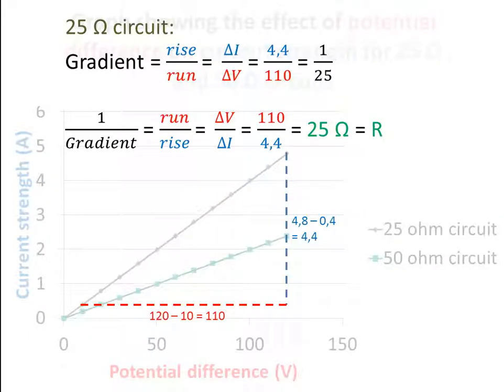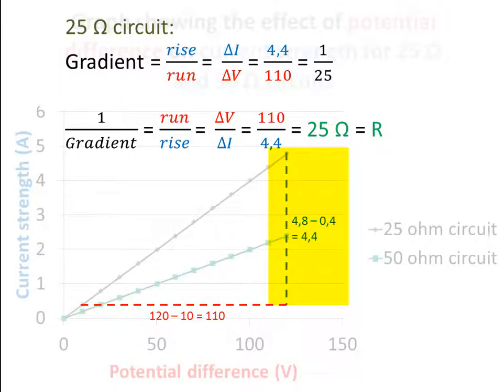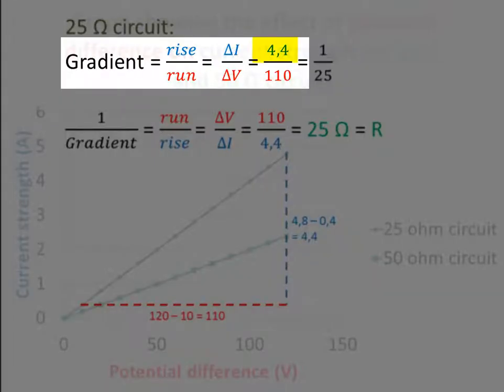So now let's calculate the gradient for each of these two lines. Let's start off with the 25 ohm circuit. Gradient is rise over run, delta I over delta V. The highest current strength reading that we measured was 4,8 and the lowest was 0,4. Look back to our data to convince yourself that that's true. So the difference was 4,4. That was our rise of our graph.